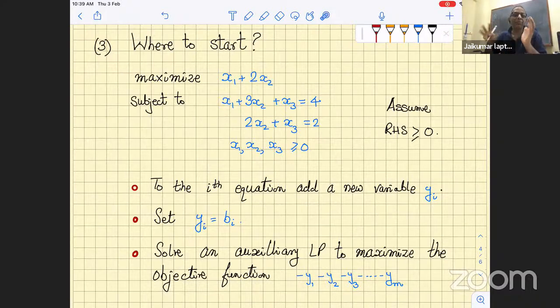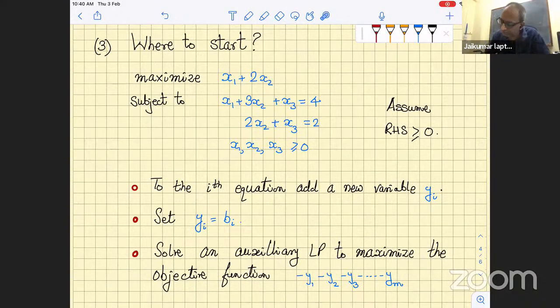Once again, if your LP in equational form arose out of an LP where you had inequalities and you introduced slack variables, and the original LP was like problems such as vertex cover, which might have come out of covering problems, there you want something to be greater than or equal to some value, 1 or 5 or 7. If the right hand side turned out to be non-negative and you had the luxury of these slack variables, you have a legitimate way of starting. But an LP is an LP.